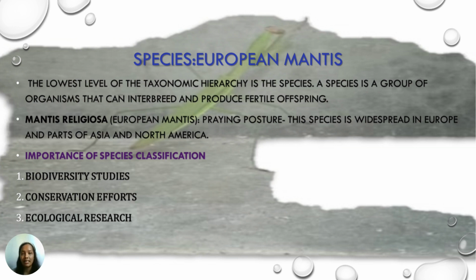Mantis religiosa, or the European mantis, is called that because its posture looks like a praying insect. This species is widespread in Europe and parts of Asia and also North America. The importance of species classification is for biodiversity studies, conservation efforts, and last but not least, ecological research. Thank you.